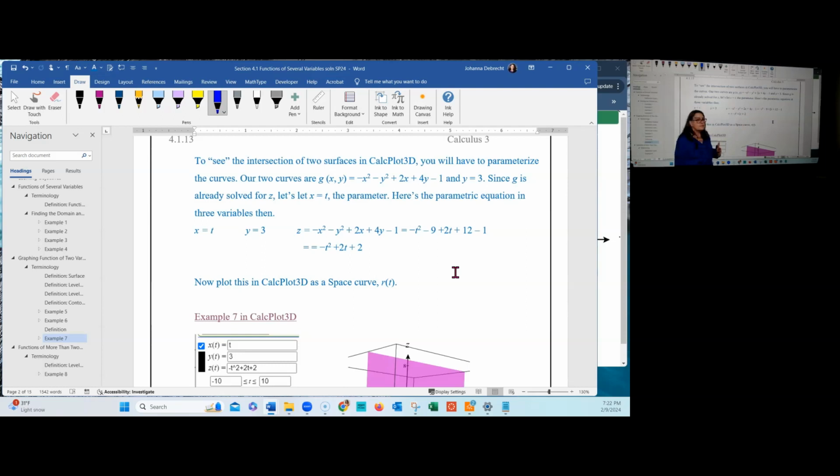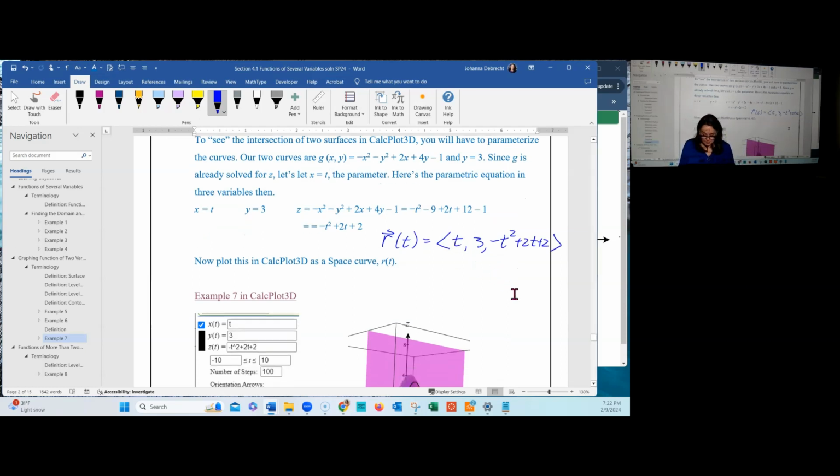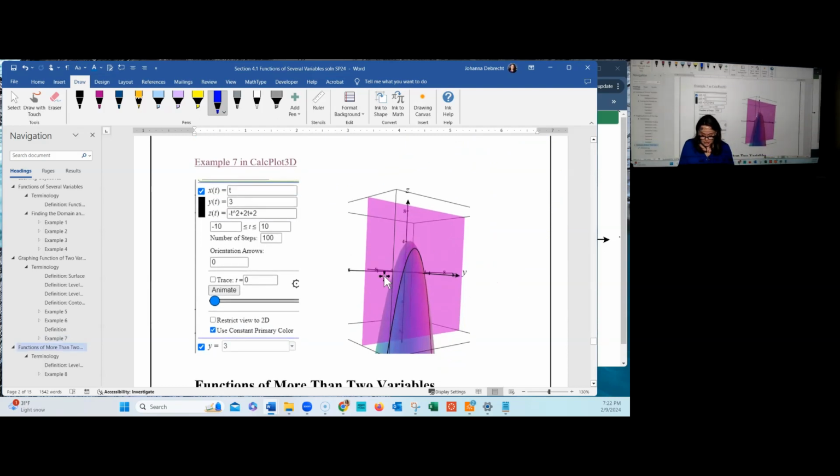And this, of course, gives us a vector valued function. R as a function of t is going to be <t, 3, negative t squared plus 2t plus 2>. And we graph this in CalcPlot 3D as a space curve. And you're going to get this plot that you see here.